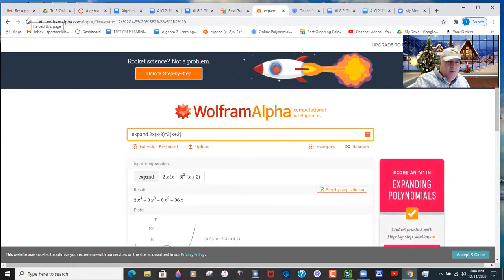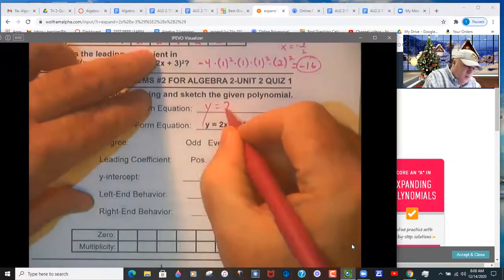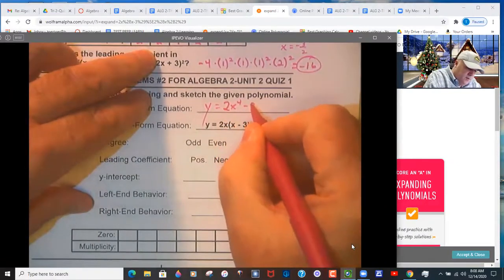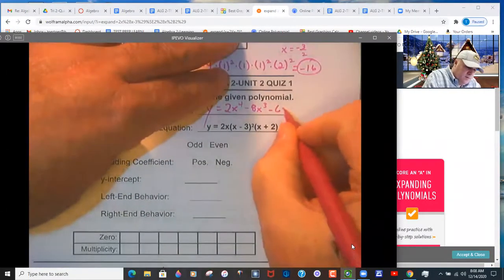So 2x to the 4th, you want to look on the result here, minus 8x to the 3rd. And I'll go back now to my overhead here. So 2x to the 4th minus 8x to the 3rd minus 6x squared plus 36x.